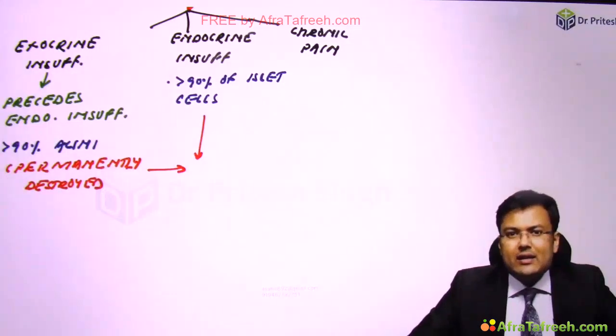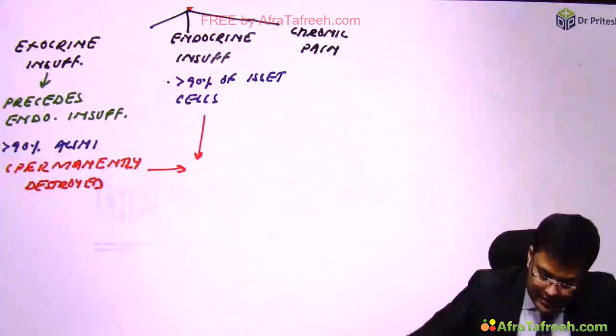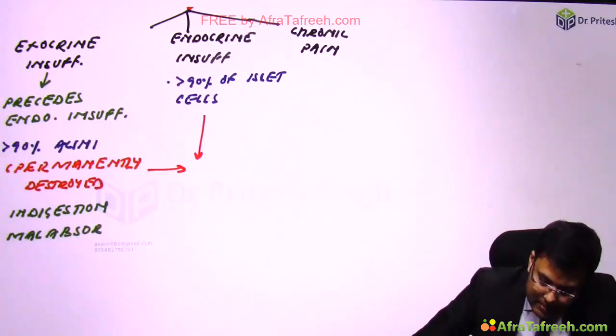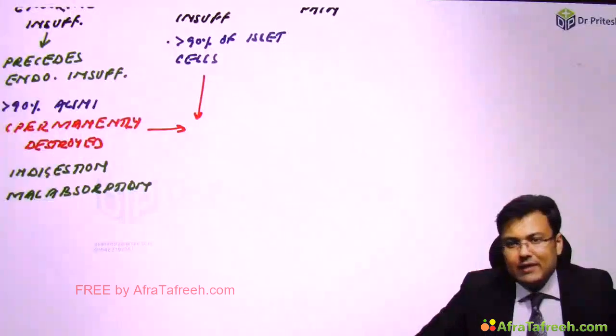What are the manifestations of exocrine insufficiency? The exocrine secretions are responsible for digestion. So what is the problem? Here, there is indigestion. So if there is indigestion, there is malabsorption. And if there is malabsorption of fat, there is fecal fat more than 7 grams per day.